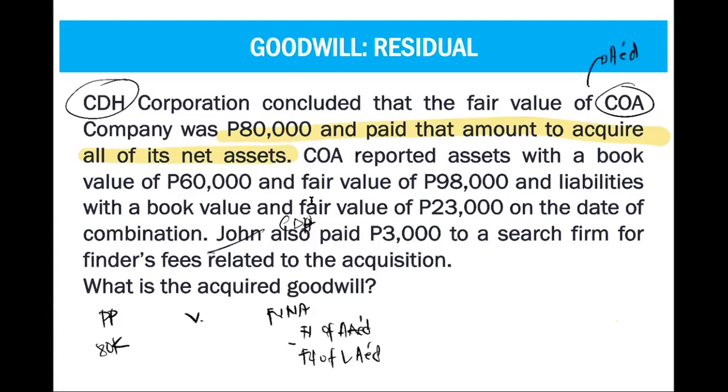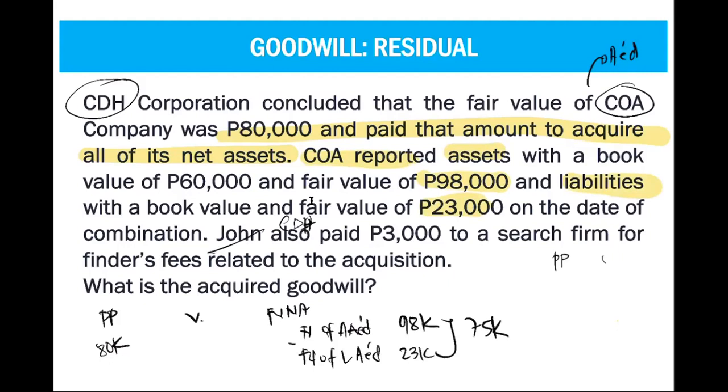What is the fair value of the assets of the acquired company? COA reported assets, book value of 60,000, fair value of 98,000. What is the fair value of liabilities of the business acquired? We have 23,000. That is the fair value of the liabilities as of the acquisition date. So what is the fair value of net assets? This will give us 75,000.